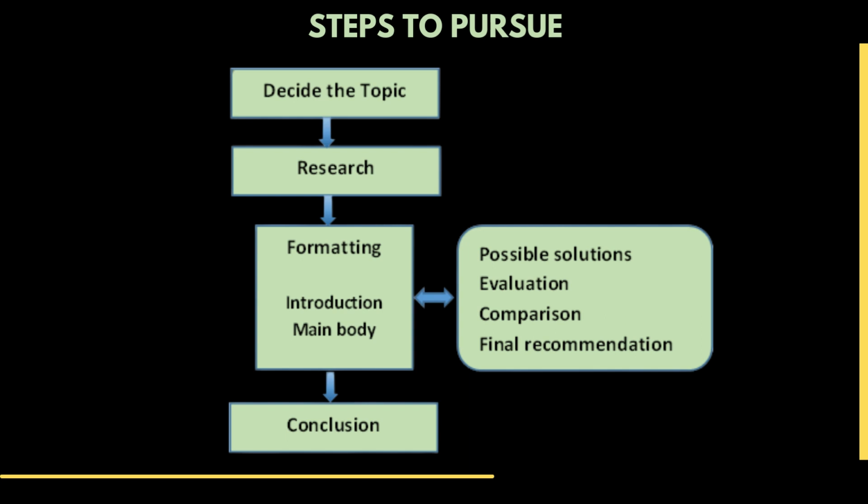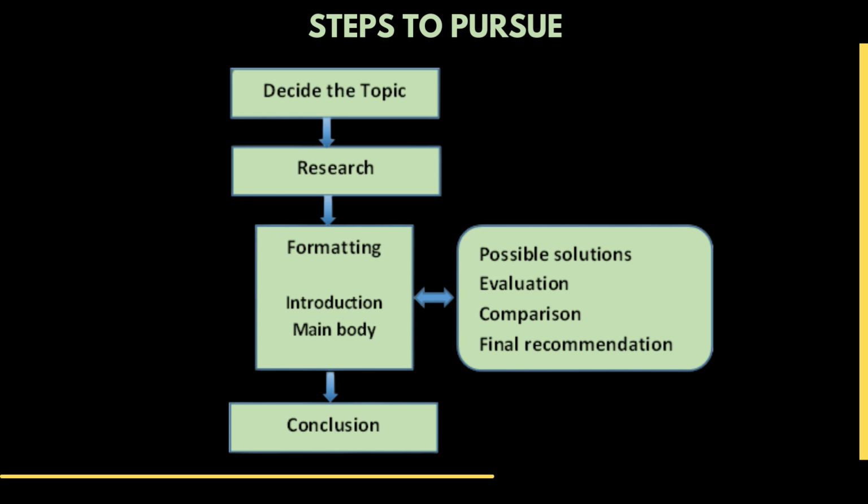The main body is the central element of any report, which specifically in the recommendation report explains and describes each possible solution, evaluates the merits of each proposed solution, compares all the options and then presents arguments for the most optimal recommended option.